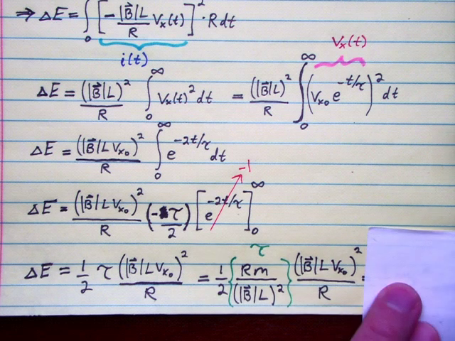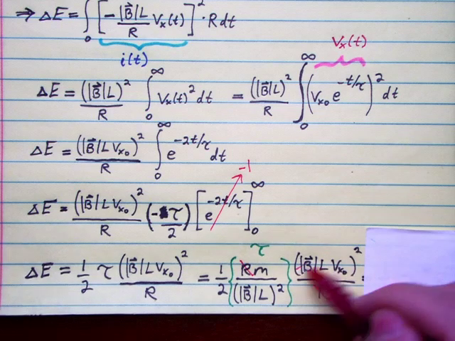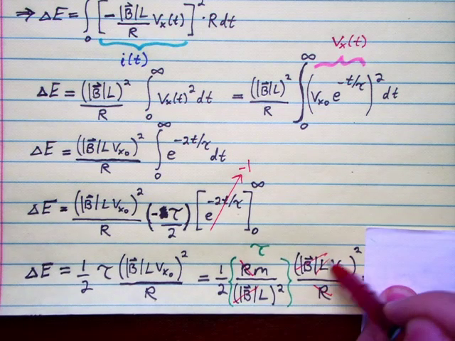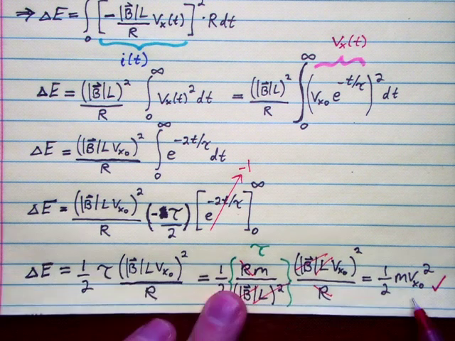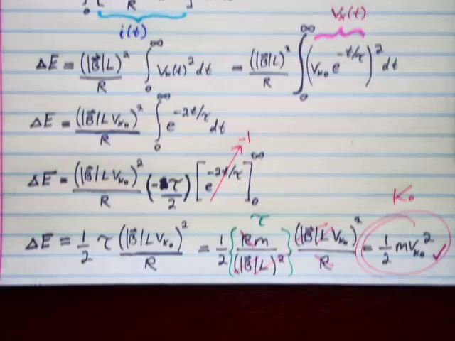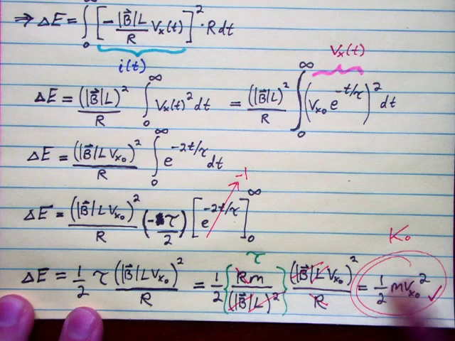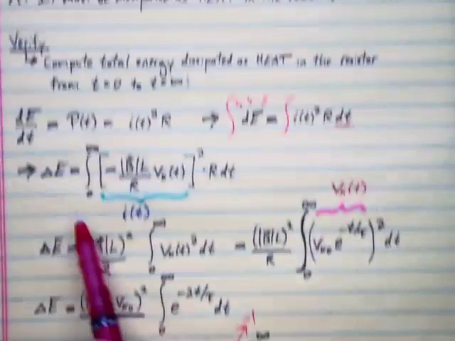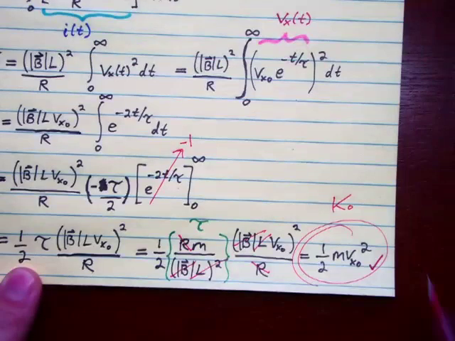And now, beautifully, resistance cancels, B squared cancels B squared, L squared cancels L squared, and we're left with 1/2 the mass of the bar times its initial velocity squared, or 1/2 mv squared, the initial kinetic energy of our bar. So how much of that bar's initial kinetic energy gets dissipated as heat in our resistor? All of it. All of it.